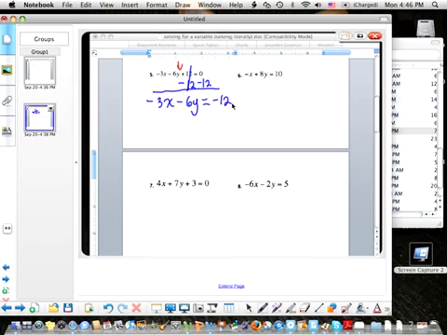Now it looks more like the other problems that we had, and that's probably why they wanted to move the 12 first. So now we're still solving for y, so I'm going to add 3x to both sides. And I've got negative 6y equals, can't do the math there, you can't subtract 12 and 3x, so we're going to write it negative 12 plus 3x.